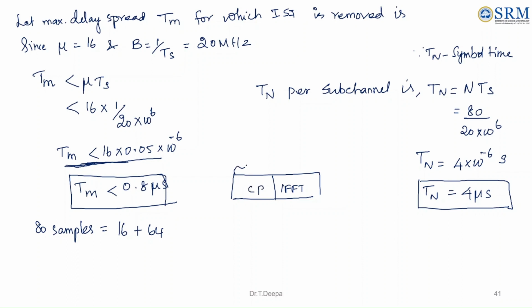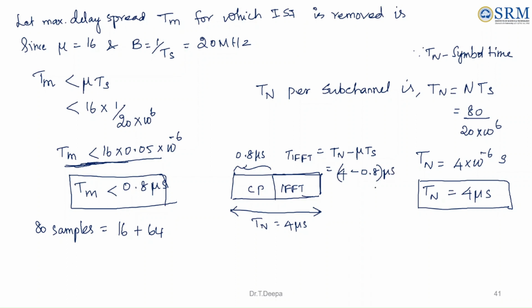The cyclic prefix time is 0.8 microsecond, and the total symbol time Tn is 4 microseconds. The IFFT data symbol time interval is T_IFFT equal to Tn minus mu times Ts, that is 4 minus 0.8 microsecond, which is 3.2 microseconds.